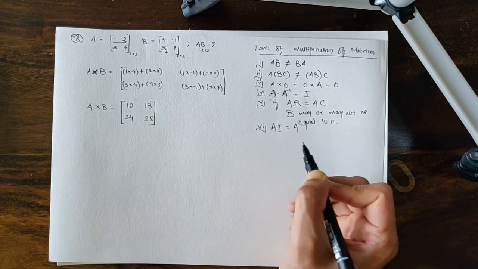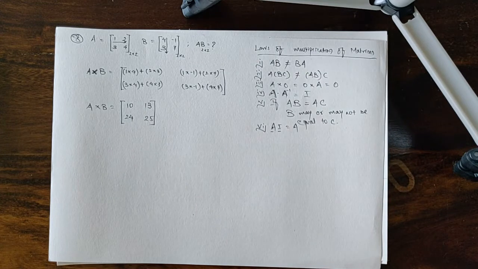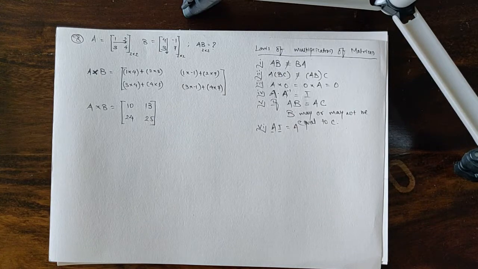A matrix into the identity matrix of the same order will give you the same matrix. So this is the multiplicative identity.